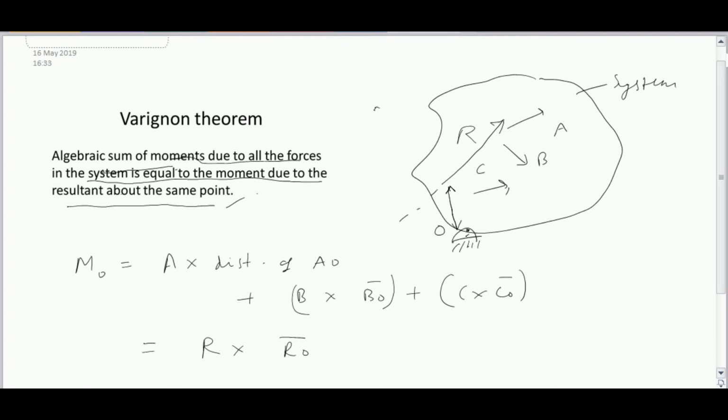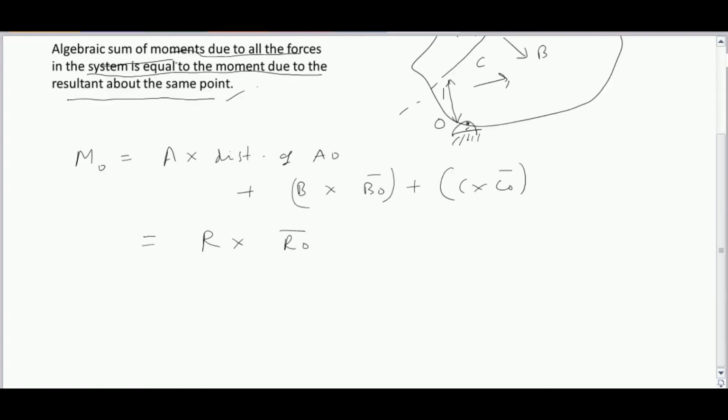So R into RO is equal to the sum of the moments of these forces about the same point. This is what Saint Varignon said. This is also used in the problems very frequently to find the resultant of the forces. So you need to remember the theorem also.